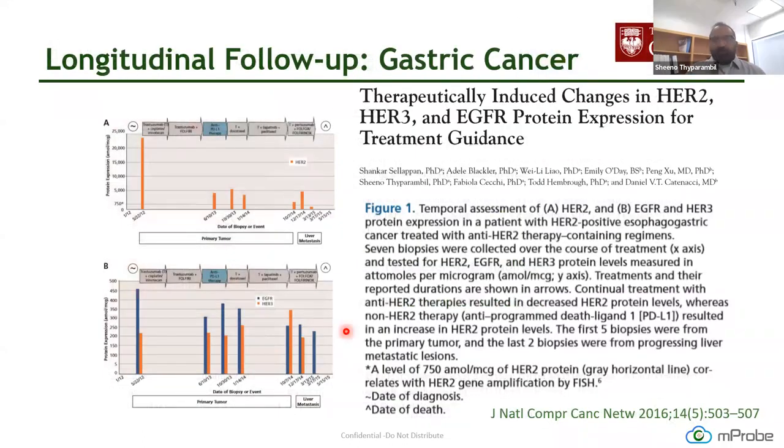We were following one particular patient in their cancer episode, where we were looking at targets for HER2, and the physician would give a Trastuzumab-based drug. But importantly, when you give a Trastuzumab-based drug, the cancer will find a way to evade that, and it will tend to upregulate the HER3 levels.